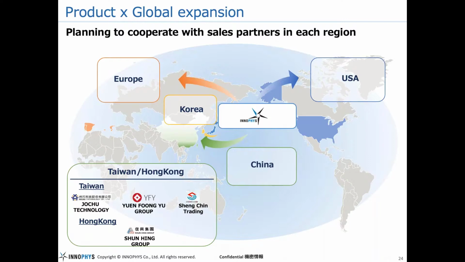We are planning to cooperate with sales partners in each region, which is shown in the slide. We already have a couple of partners in Taiwan and Hong Kong, and we would also like to go into China, Korea, Europe, and the USA markets this year and next year. So this is what we are planning and doing right now.